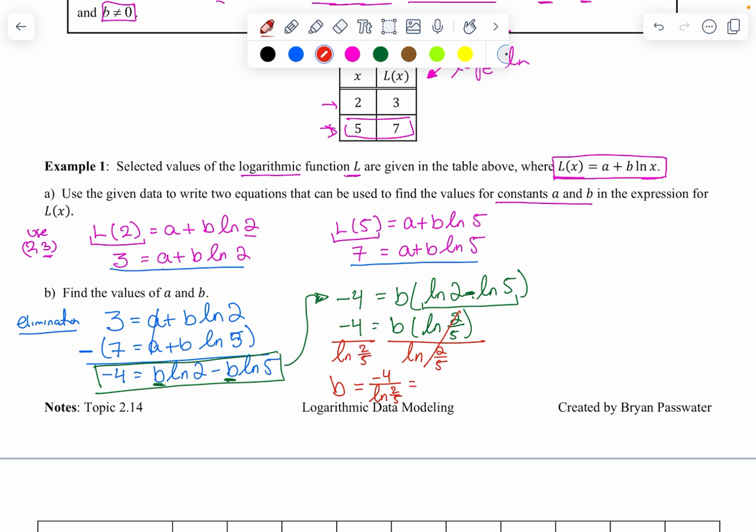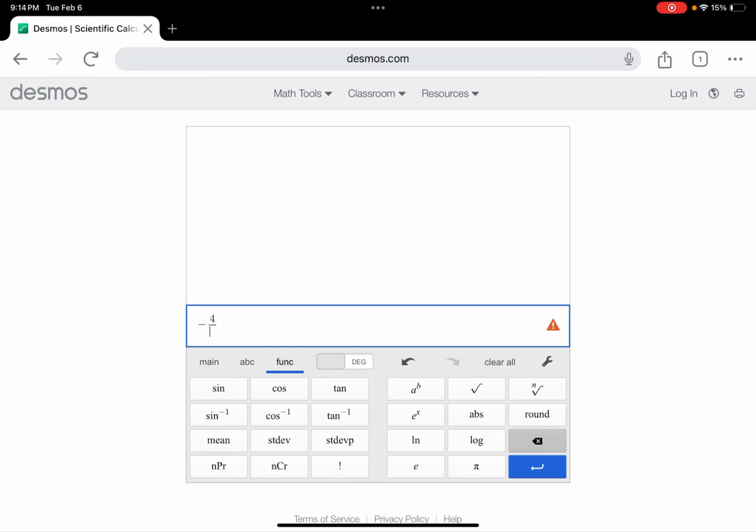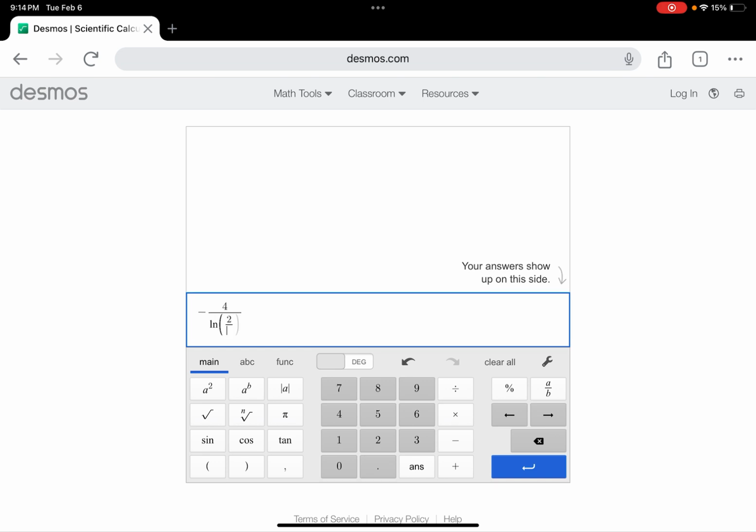And if it was a problem without a calculator, you would leave it just like that. All right, but with a calculator, once we solve this -4 divided by ln of 2/5, we got -4 divided by ln of 2 divided by 5.